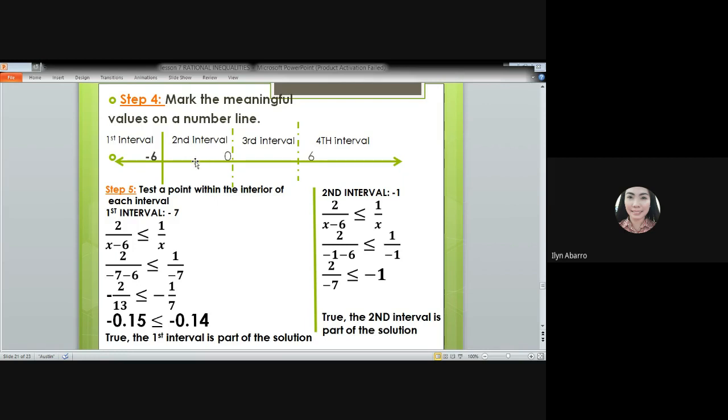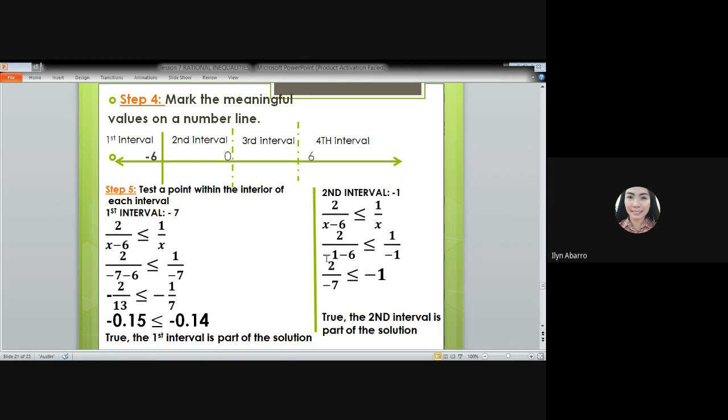Let's choose a value between negative 6 and 0. Anong pinili natin? Negative 1. Okay? So, in place of x, substitute negative 1. Negative 1 here and in here. So 2 over negative 1 minus 6 is less than or equal to 1 over negative 1.